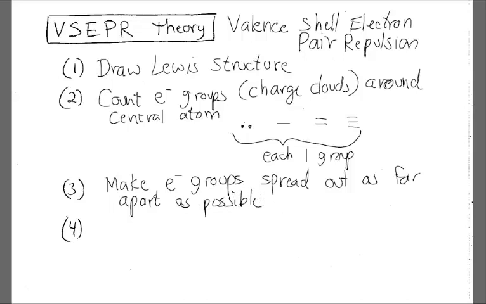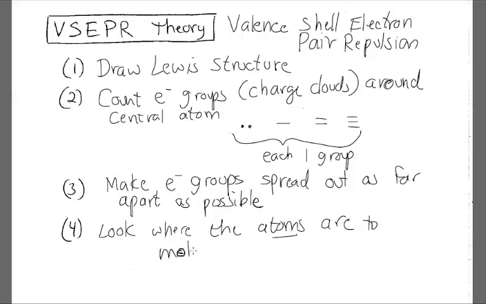The electrons repel each other, so they spread out as far as possible. And then the fourth step is look where the atoms are. Look where the atoms are to determine molecular shape. The molecular shape is not where the electrons are, it's where the atoms are.